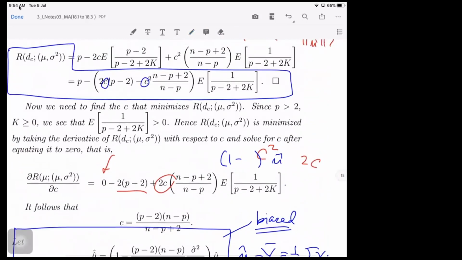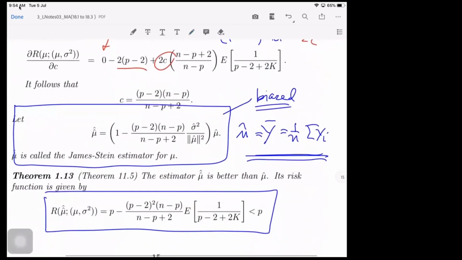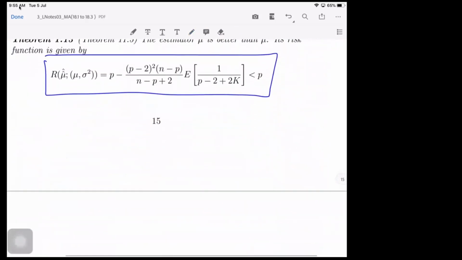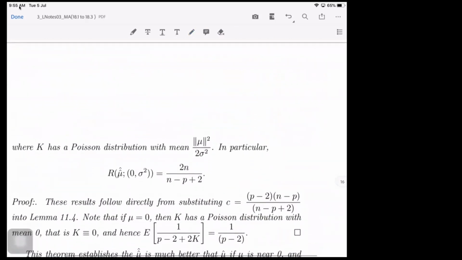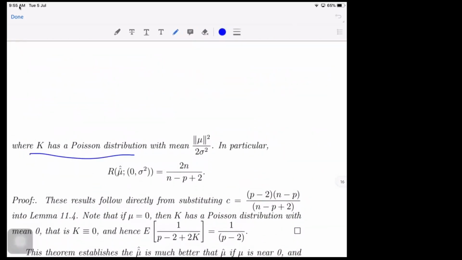You just substitute C there and simplify, and you will get this risk. Of course, it is a function of K because along the way you prove the risk using some results on a K, which is Poisson distributed with this mean mu.